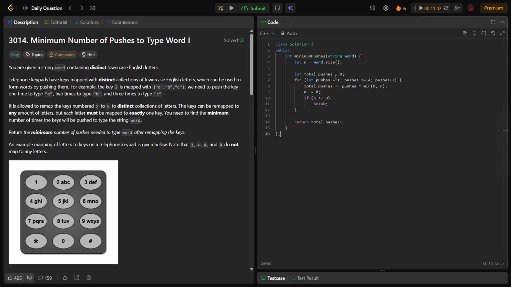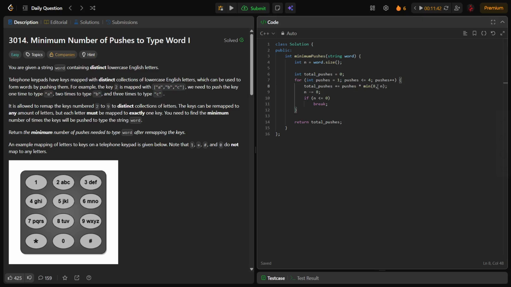So it's easy: the first eight characters you'll be pushing just one time. The next characters will be pushed two times. So that's the reason I made sure of the minimum. Let's say if the starting length is 16, in that case the first eight characters you'll have to push one time.